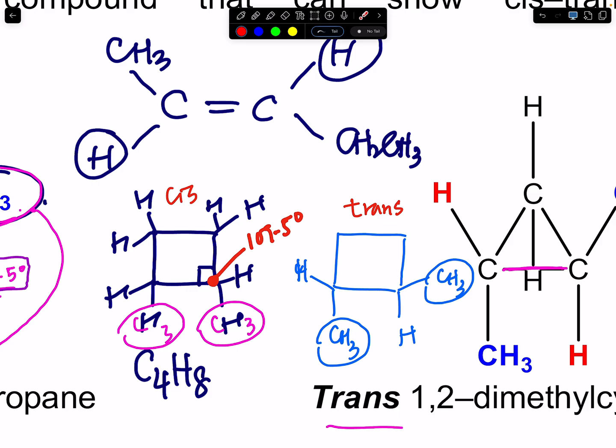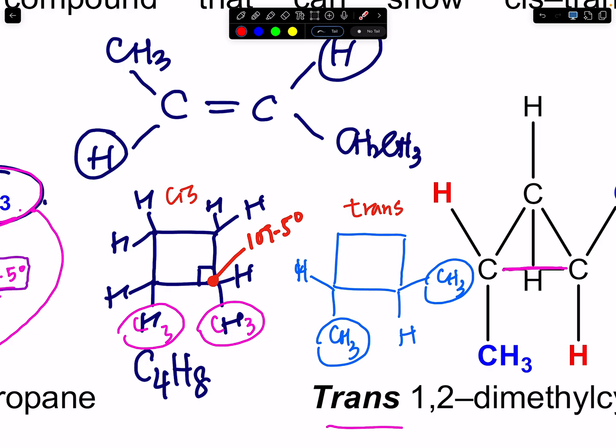And why is there restricted rotation about the carbon-carbon double bond? Because, guys, when you form a pi bond, there is a sideways overlap between parallel p orbitals. Any form of rotation of these p orbitals would result in the breakage of the pi bond. And once you break the pi bond, rotate and reform the pi bond again, that is a chemical reaction. That's not the same molecule any longer.